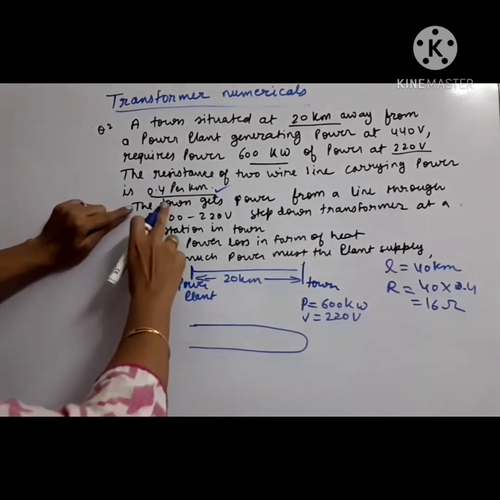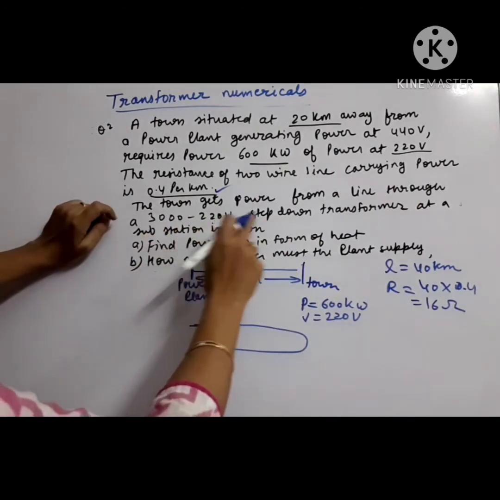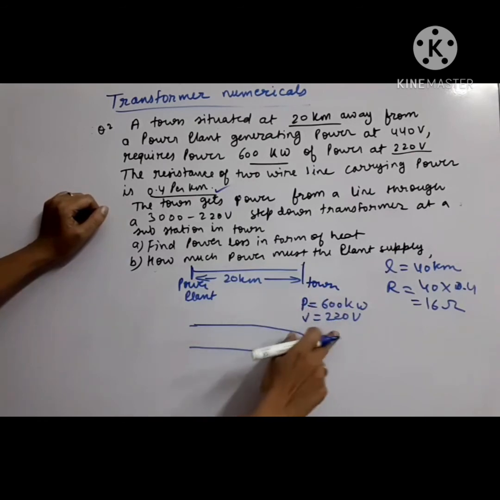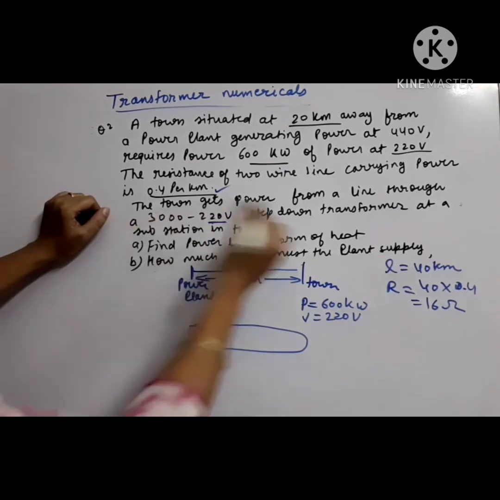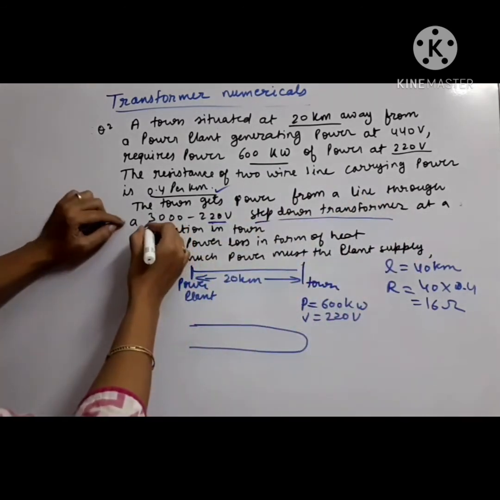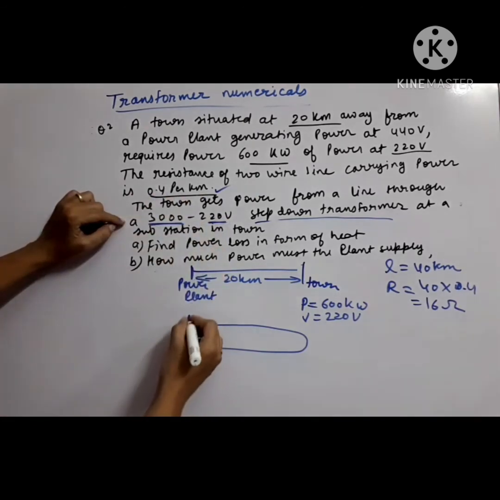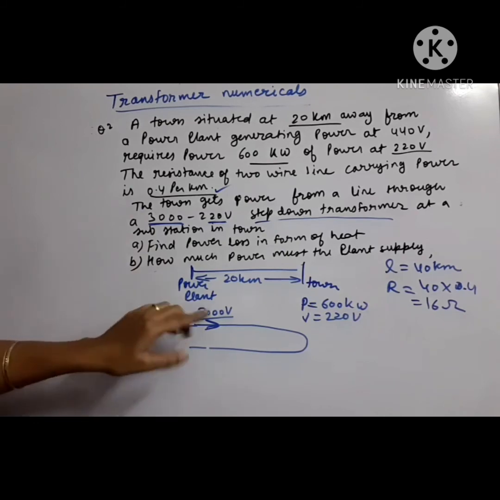We will be needing it. Let us keep it. Now the town gets the power from a line through a 3000 to 220 volt step down transformer. So this town is going to get 220 volt finally, but a transformer will be connected. The transformer will convert 3000 volt to 220 volt. From the power plant, electricity is transmitted at high voltage, so at 3000 volt initially the electricity will be transmitted, so that the power losses are less.